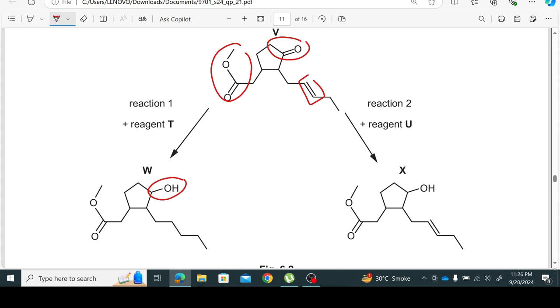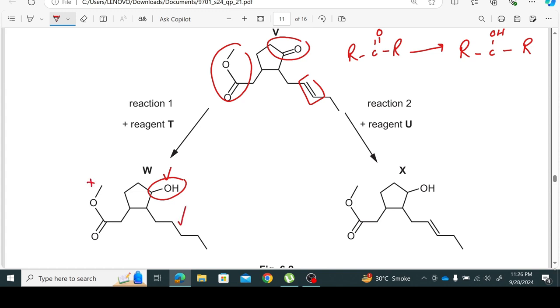You know, if you reduce a ketone, you will get a secondary alcohol. Ester is unaffected, and the double bond is also reduced.